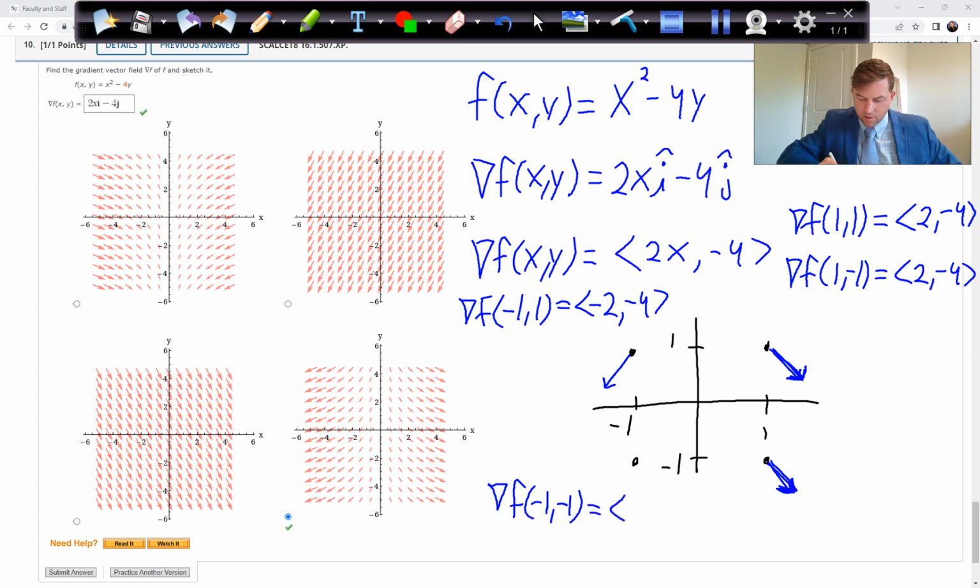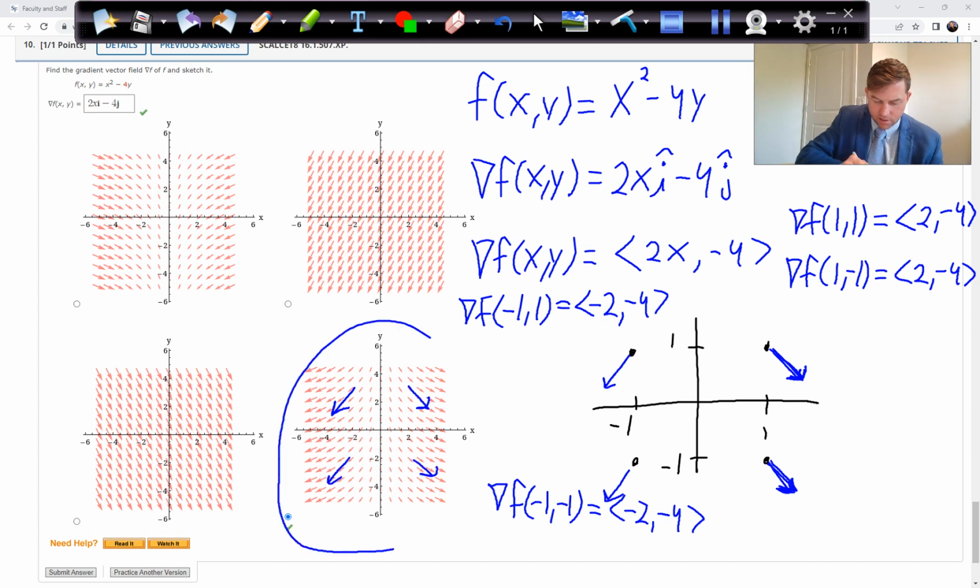This will also be <minus 2, minus 4>. So it's also going to point down to the left. And these clearly aren't drawn to scale. Minus 4 would be way down here, but that's fine. You get the idea. So we have down to the left, down to the right, down to the left, down to the right. So the only picture that works is that one, which represents the gradient vector field. Okay, and that will do it for Chapter 16, Section 1.